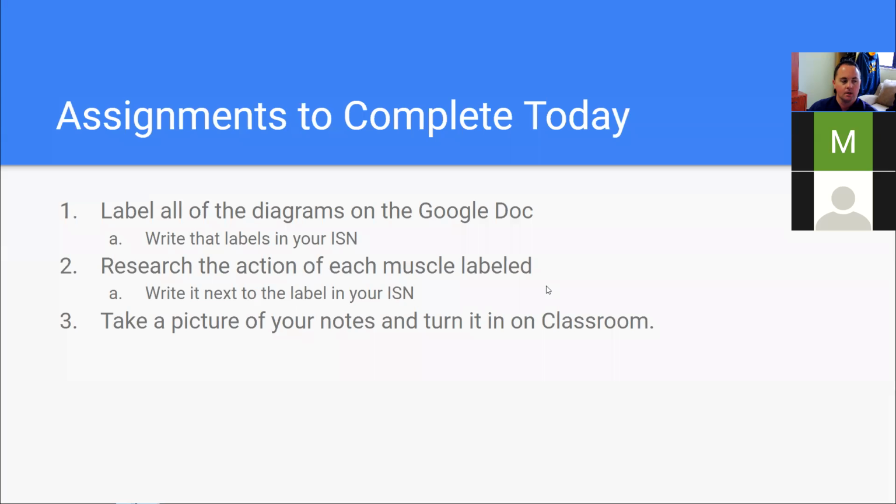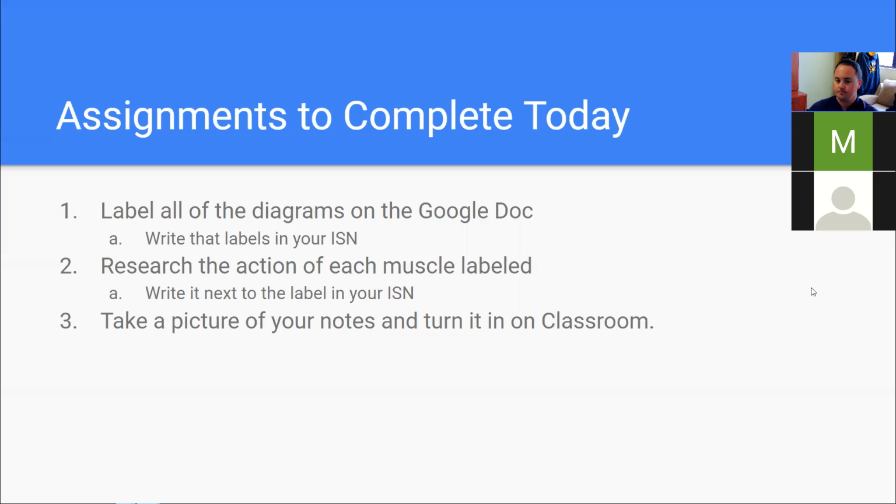Once you are done labeling all 4 images and you have the muscle actions, take a picture of your notes and turn them into Google Classroom for today. Does everybody understand what you're supposed to do for today?